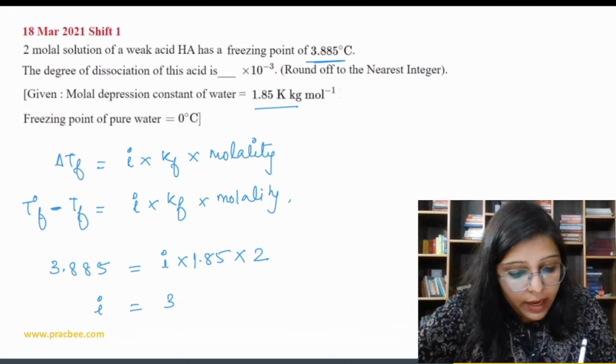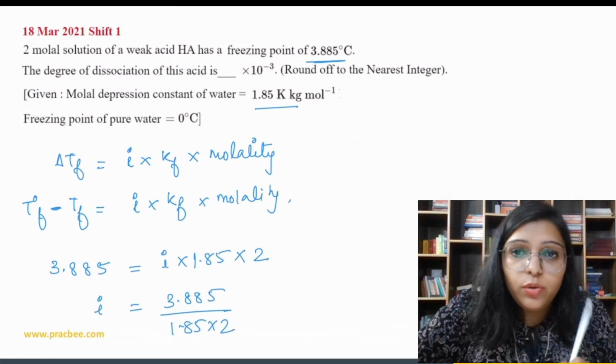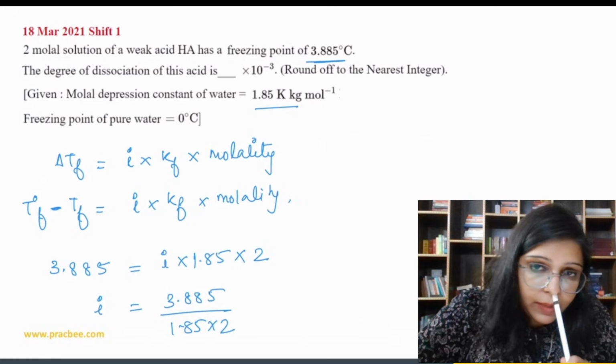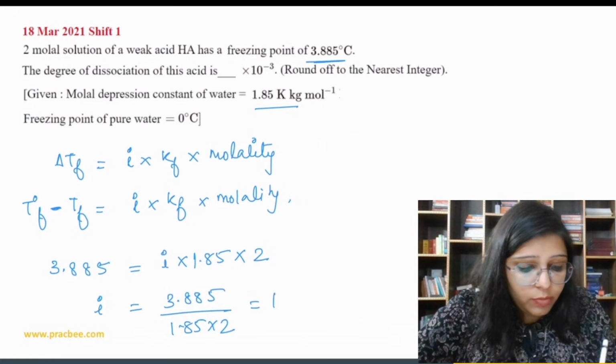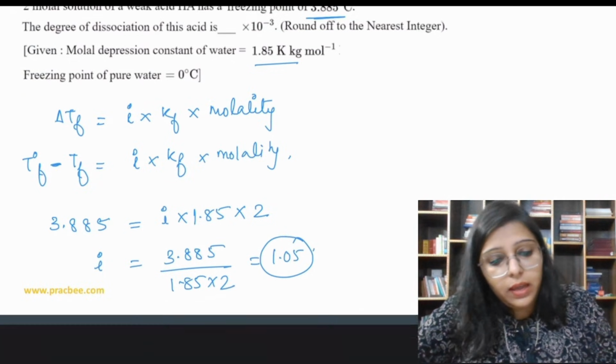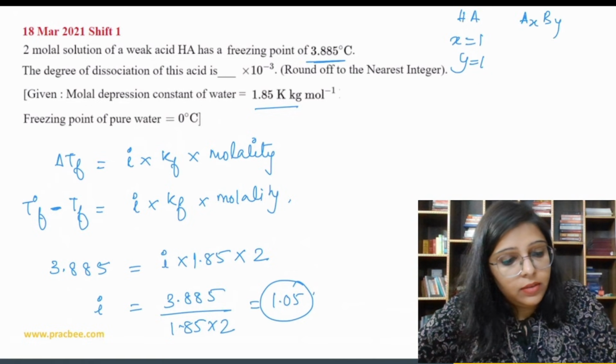So you can solve for i. So 3.885 upon 1.85 into 2. Okay, 1.85 into 2. Okay beta. Now how to solve this? The i value comes out to be 1.05. Now for HA, x is equal to 1, y is equal to 1. Compare this with AxBy.